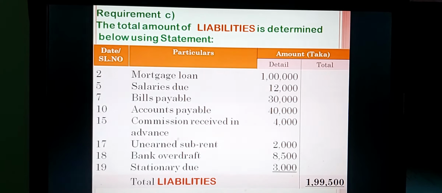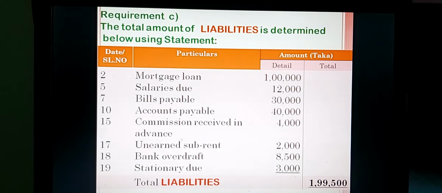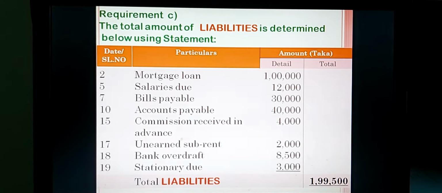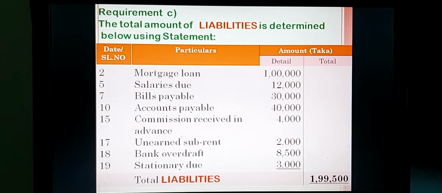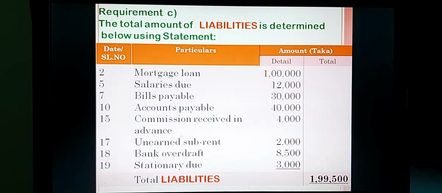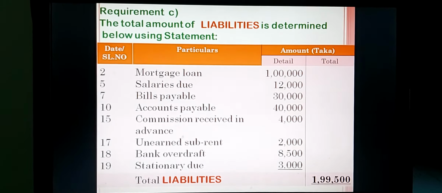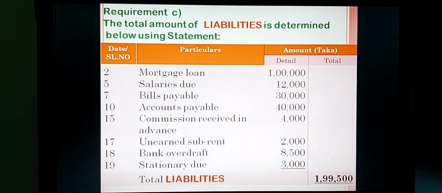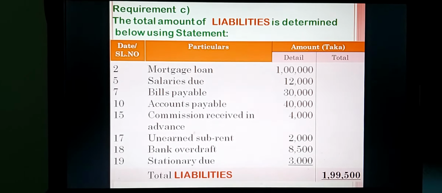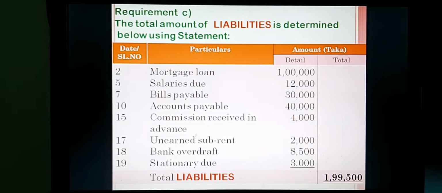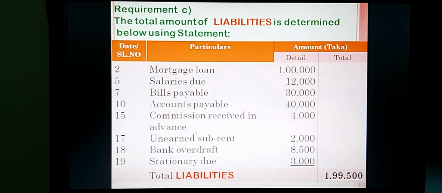Now you can open a format for determining liabilities from the system. Okay, number 1, mortgage loan. I have already discussed this item in the previous lecture.